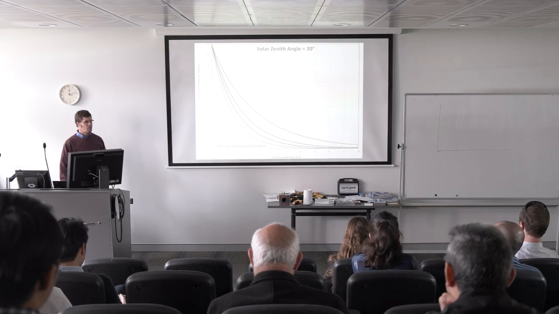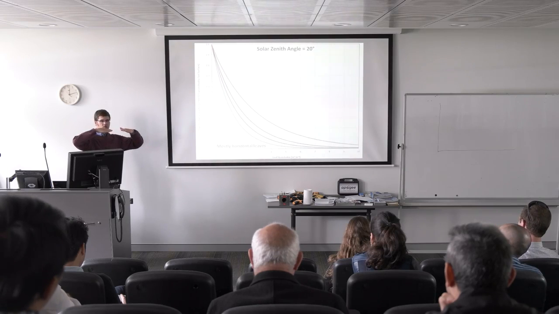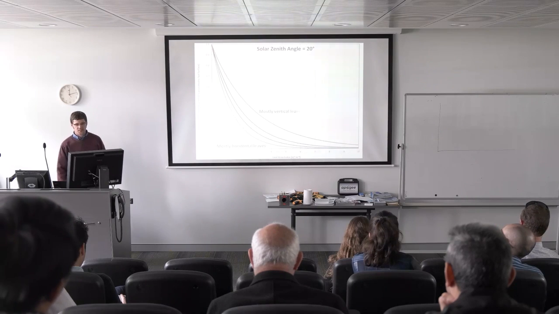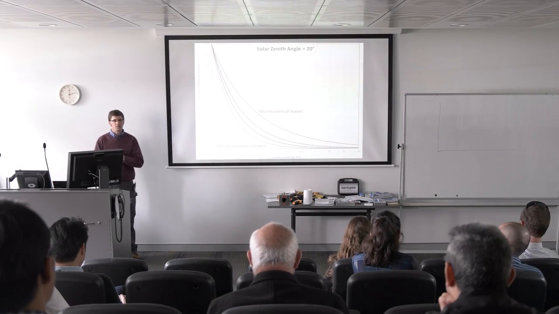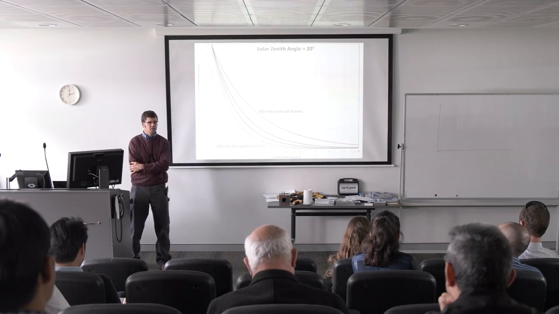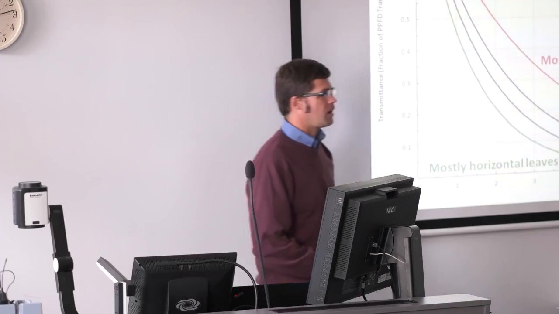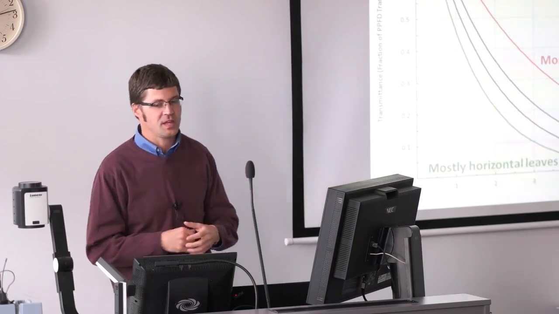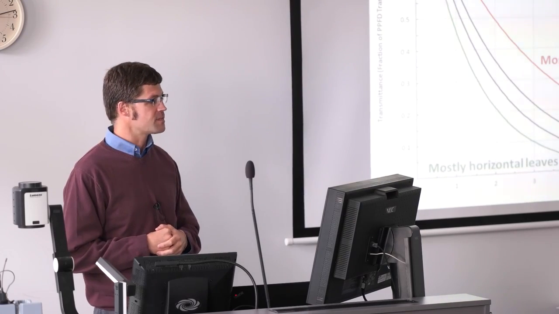And so the green line would represent a canopy where most of the leaves are positioned horizontally, whereas the red line would represent a canopy where most of the leaves are positioned vertically. Turns out that most plant canopies, I'm not as familiar with forests, but crops tend to be somewhere near these 2 black lines, where you have a fairly even distribution of both horizontal and vertical leaves.